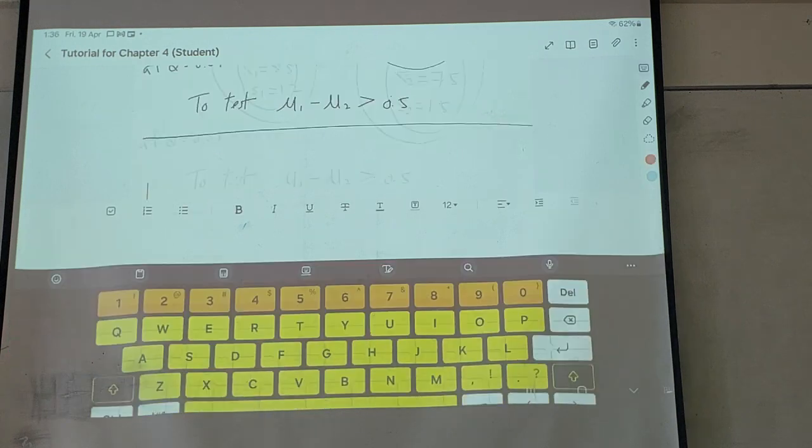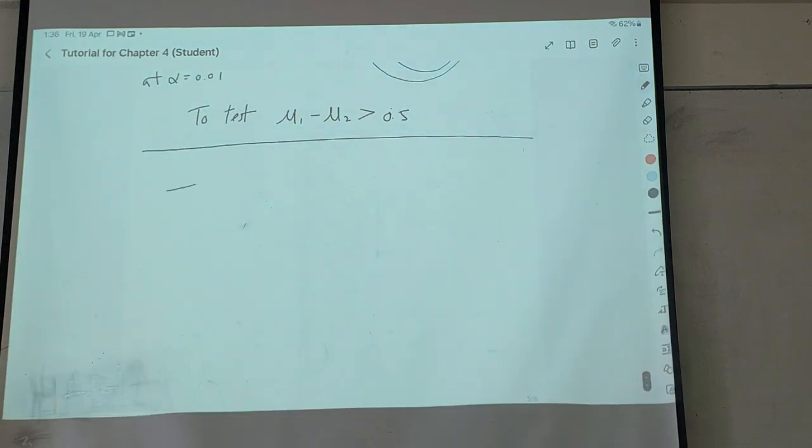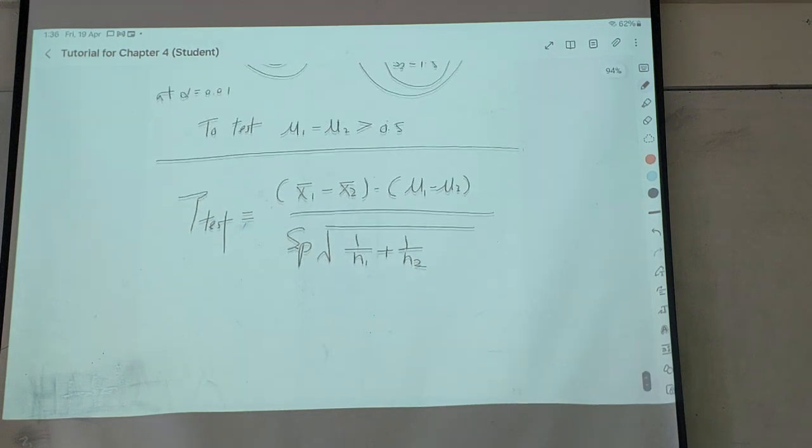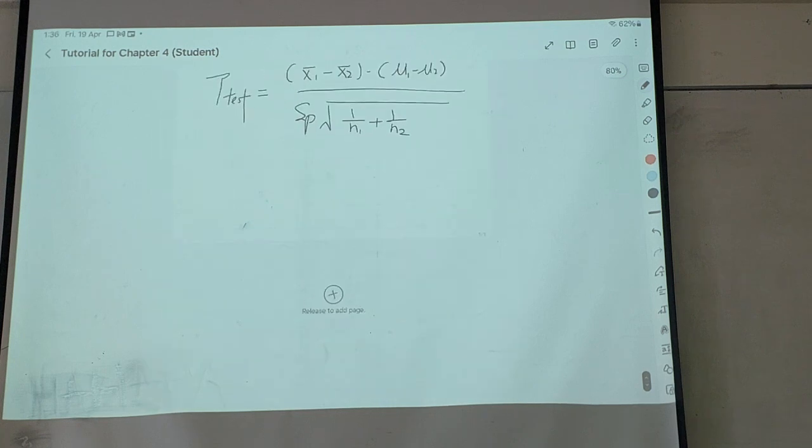So we use t-test. We have x bar 1 minus x bar 2 minus mu1 minus mu2, then divided by sp, then divided by square root of 1 over n1 plus 1 over n2. Okay, so what is the formula for SP?